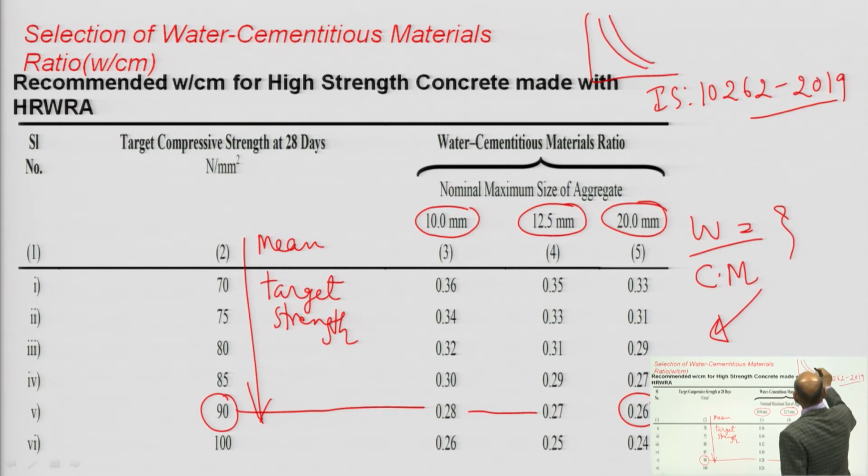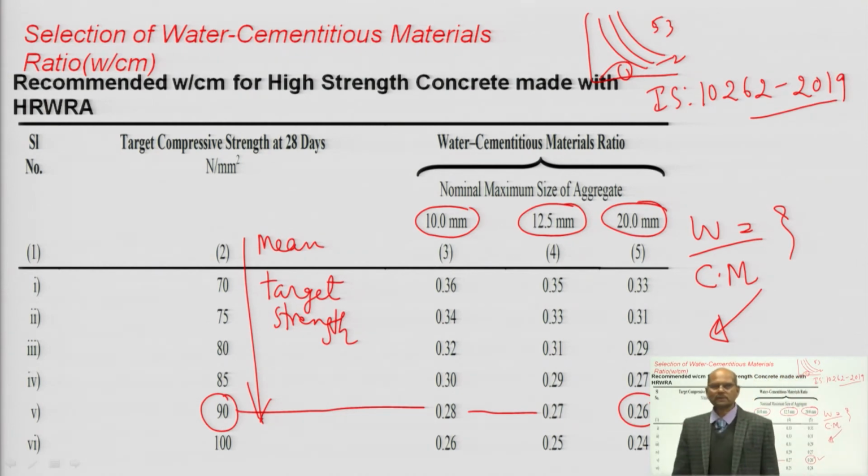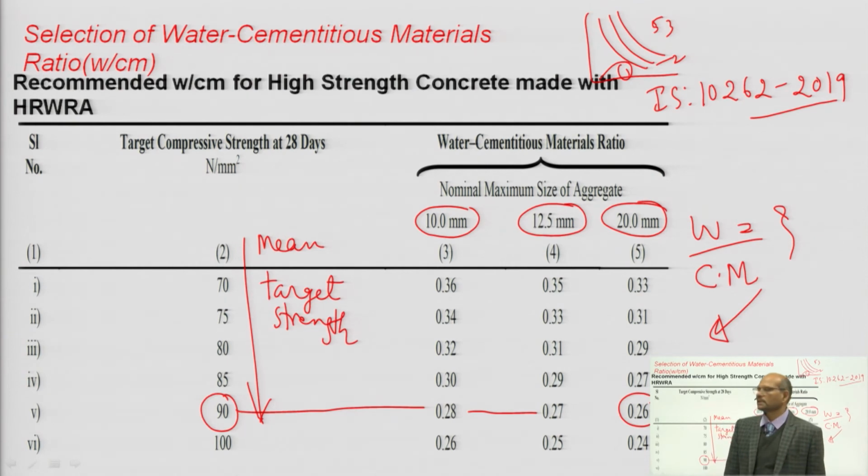Curve number 1 is for 33 grade cement, curve number 2 is for 43 grade, or plus if you are using mineral admixture PPC, and if you are using 53 grade then you can use curve number 3.